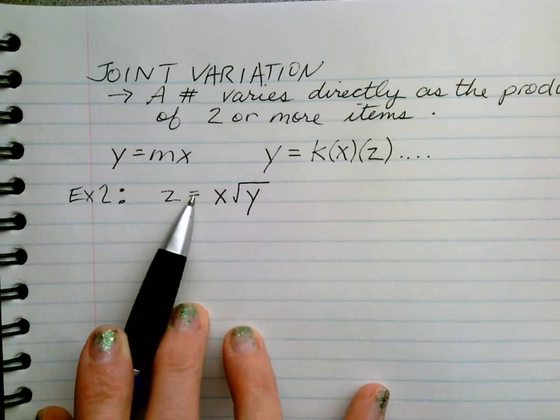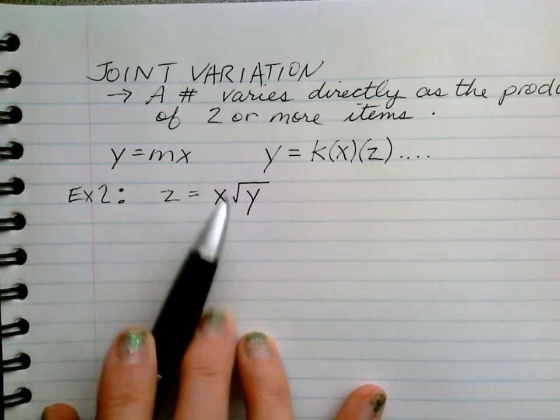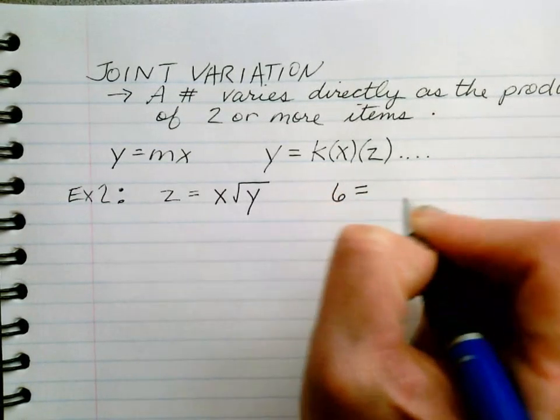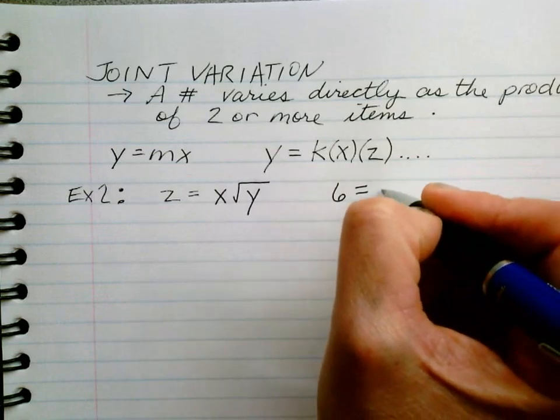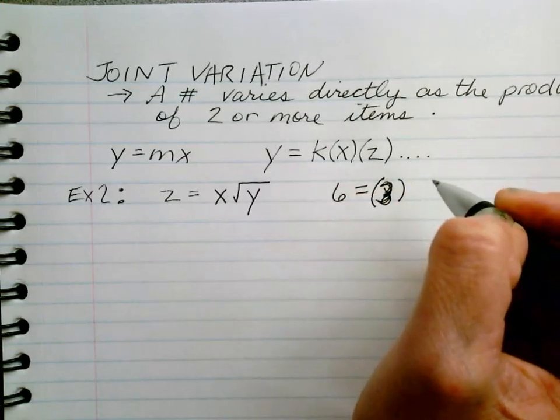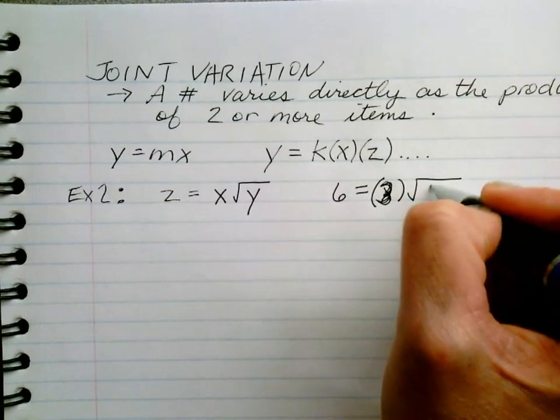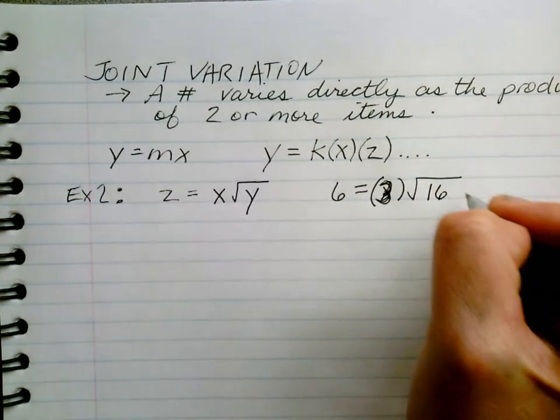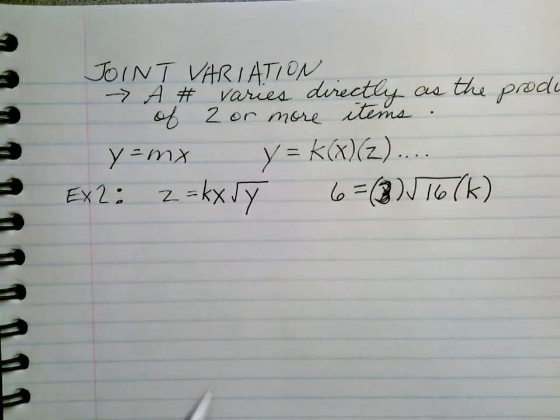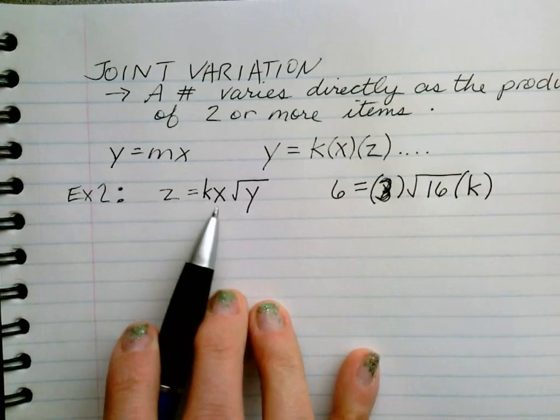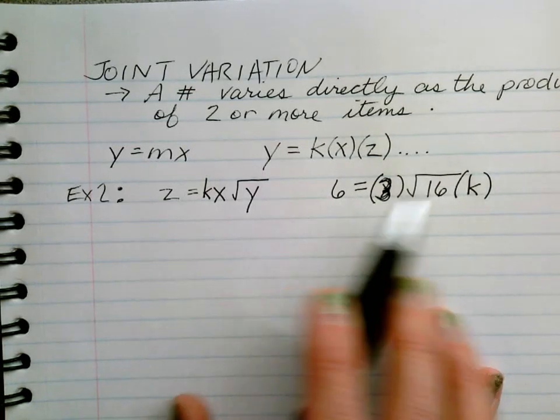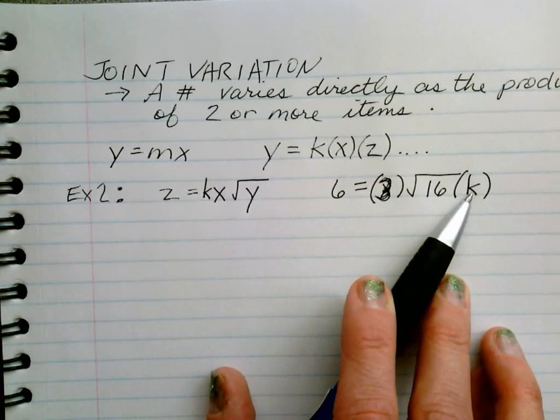Z varies jointly as X and the square root of Y, and Z is 6 when X is 3 and Y is 16. And I got to put my K in front of it because we've got to find our constant, so we're searching for our K.